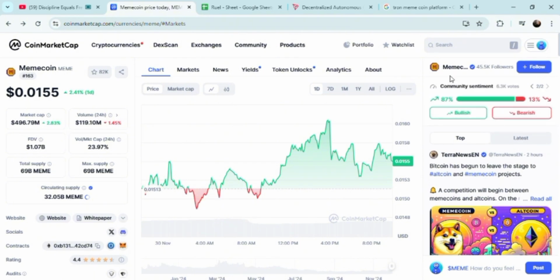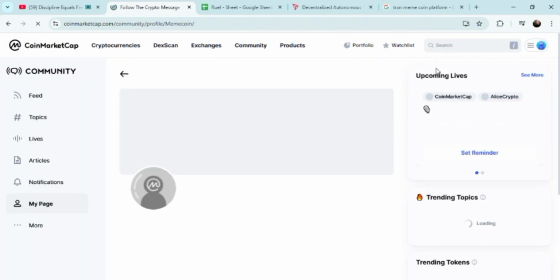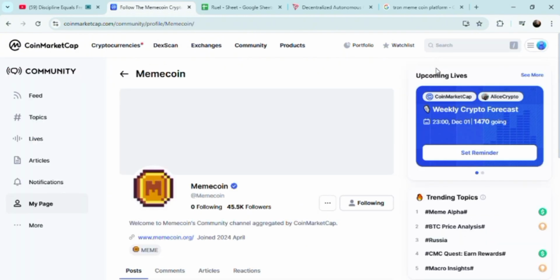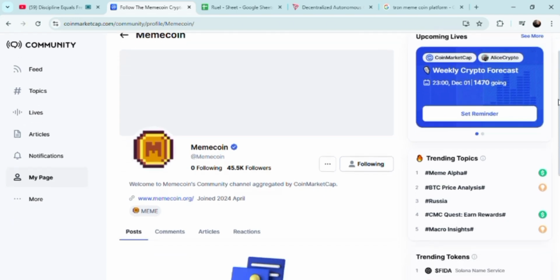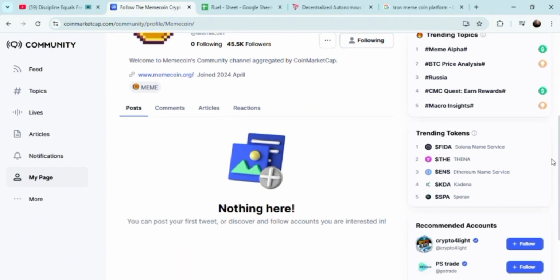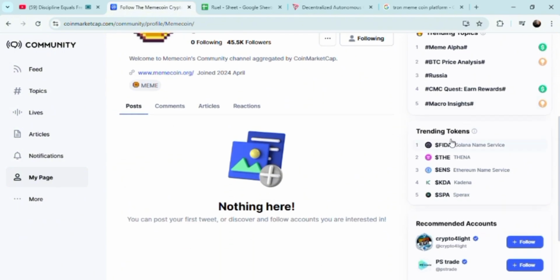Tron, on the other hand, maintains minimal transaction fees, often just fractions of a cent. This makes Tron ideal for meme coin traders if you want to make frequent trades like this one, or experiment with a small investment without losing a significant portion to fees alone.